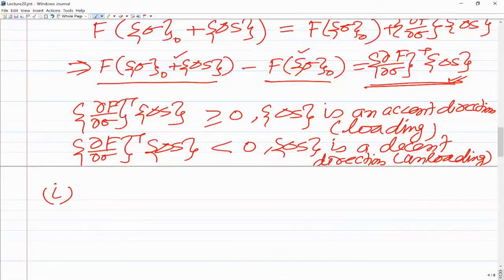If it is greater than or equal to 0, that is one possibility, and the other possibility is that it is less than 0. These are the two possibilities. Some components of del f by del sigma may be positive or negative. It doesn't matter. The possibilities would still be only two: either del f by del sigma transpose into delta s is greater than or equal to 0, or it is less than 0. Although the individual components of del f by del sigma and delta s could be positive or negative.